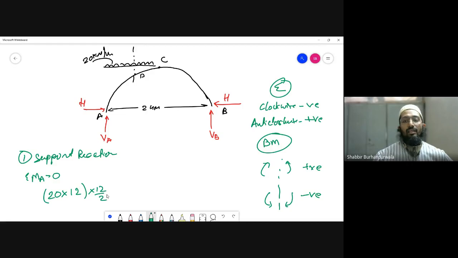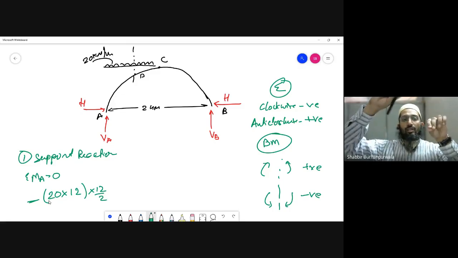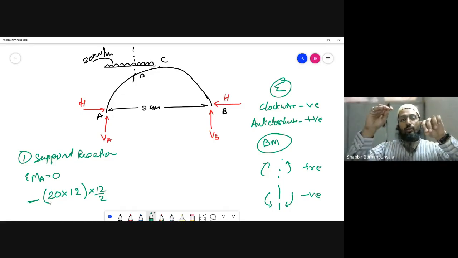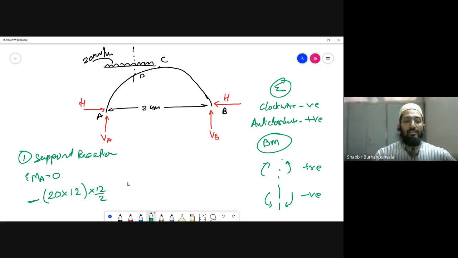Sorry, with respect to point A, if we try to rotate the UDL point load, it is going to act in the clockwise direction. So for clockwise direction, we are going to take minus, and plus for the other force which is going to add.